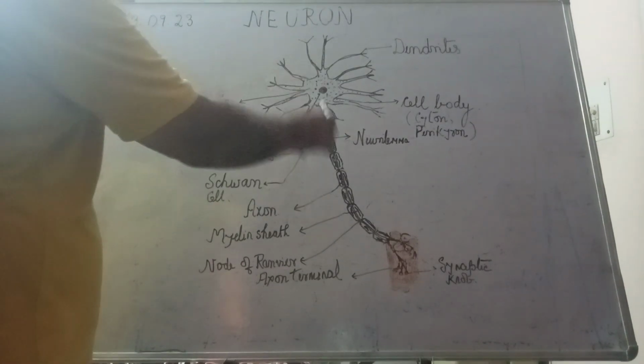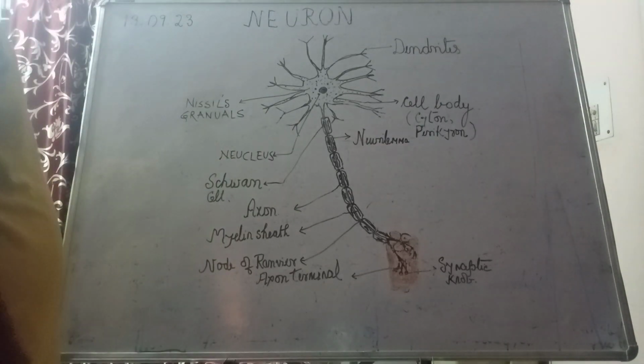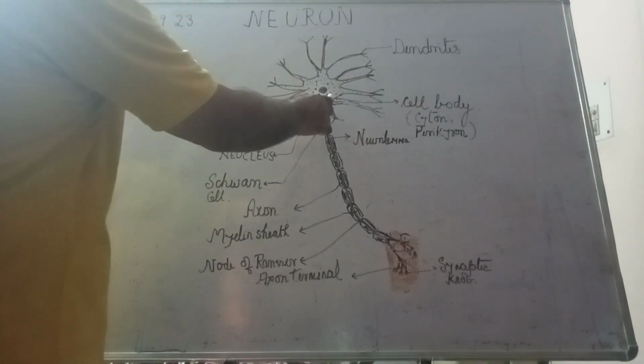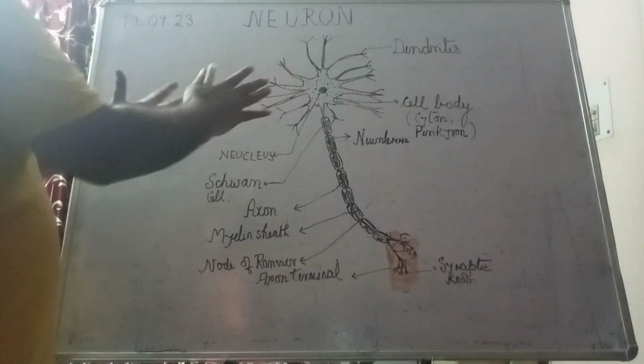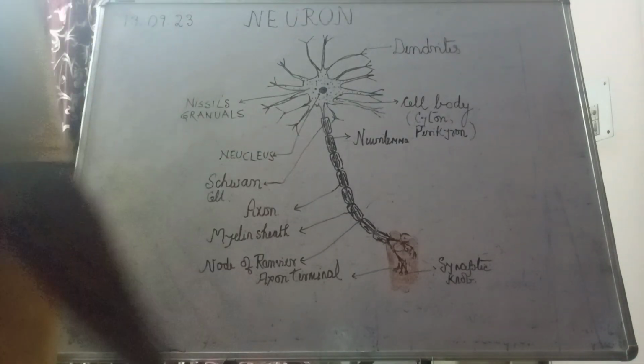Structure wise, you are quite well familiar with the structure of neuron. The three parts of neuron: dendrites, cell body, and the axon, the long process axon. So, can we divide it into two parts, that is the head and the tail.